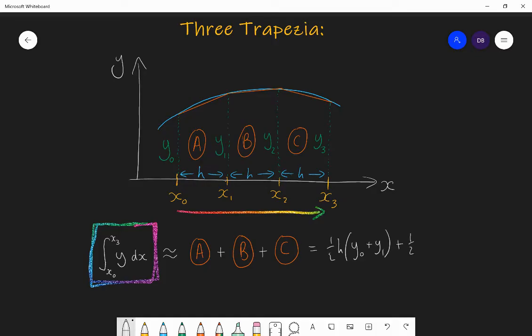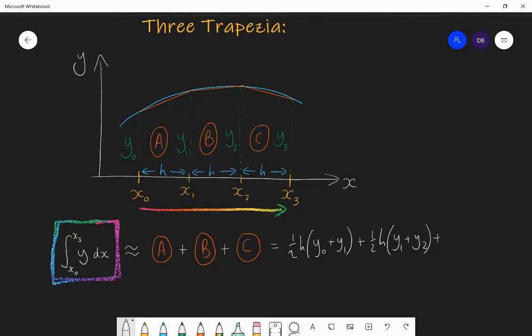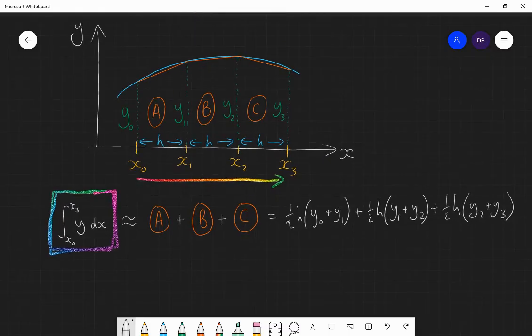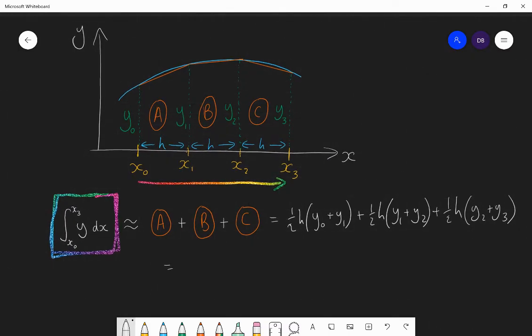B would be half h times y1 plus y2. And C would be half h times y2 plus y3. And I could factorize that again and simplify it.